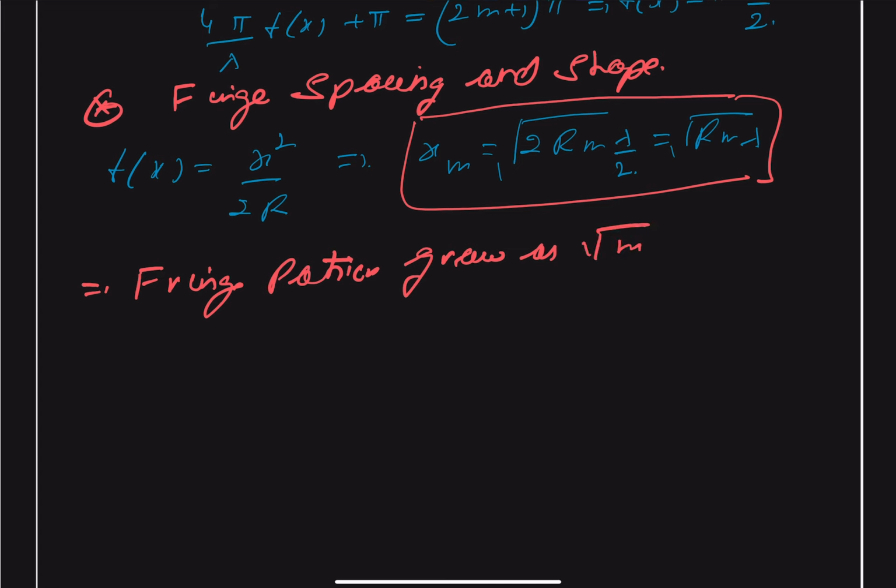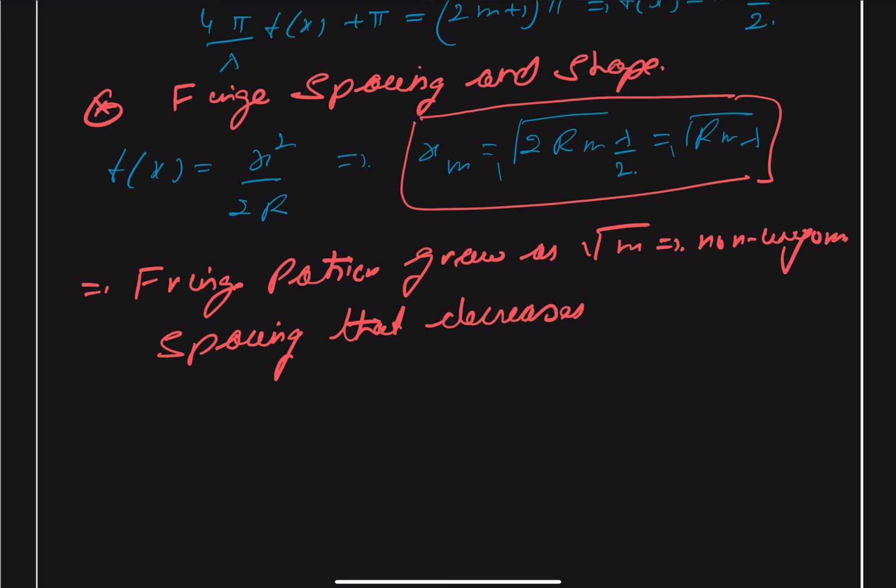Which basically means that it will be non-uniform spacing, and non-uniform spacing that decreases outward.